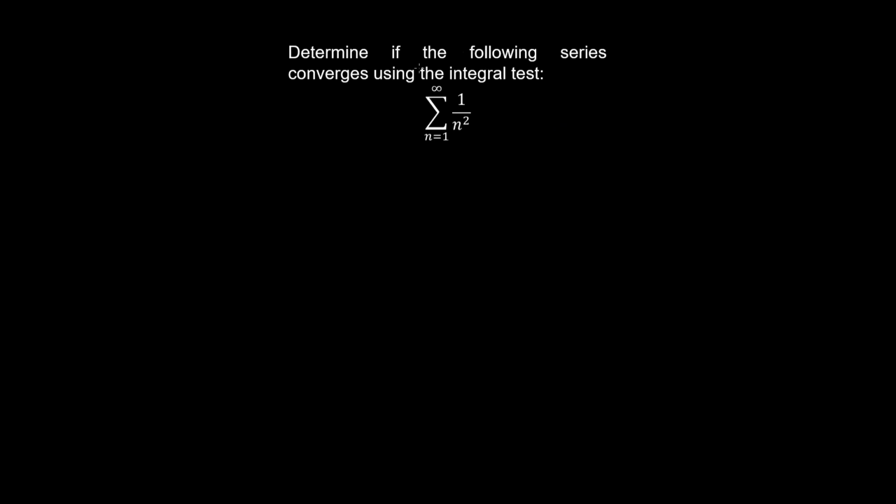Let's determine if the following series converges using the integral test. So we can see that the function is positive, decreasing, and continuous on the interval from 1 to infinity. So we're going to get a positive area under the curve, and we can apply the integral test. So therefore we integrate the equivalent real function from 1 to infinity, and because it's an improper integral, we can introduce dummy variables.